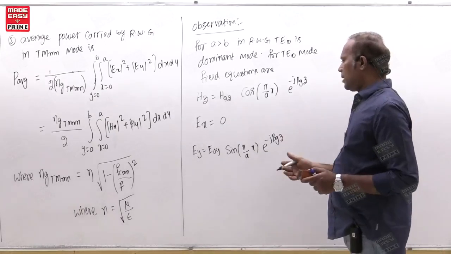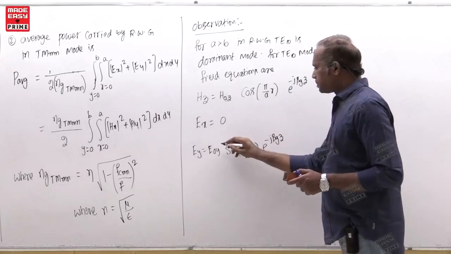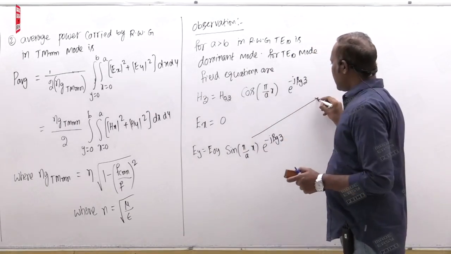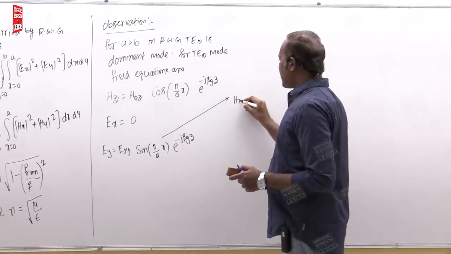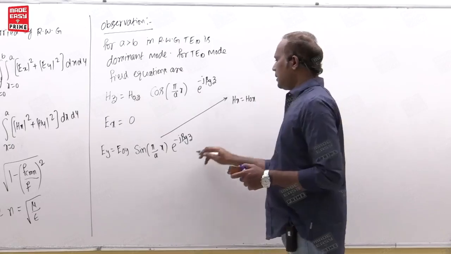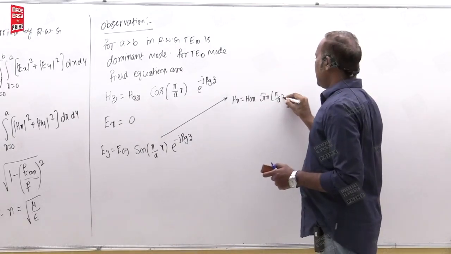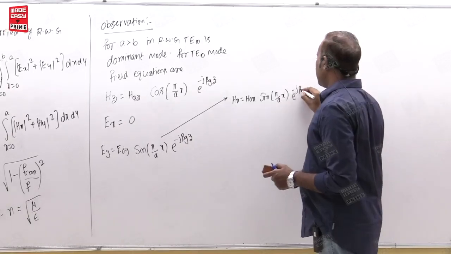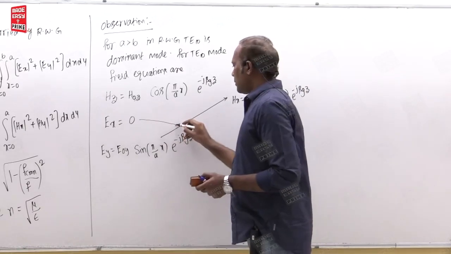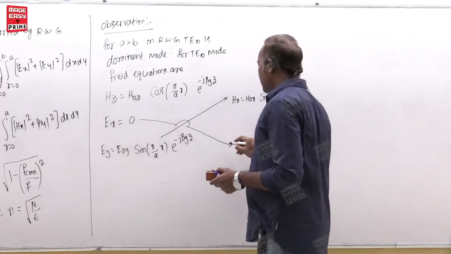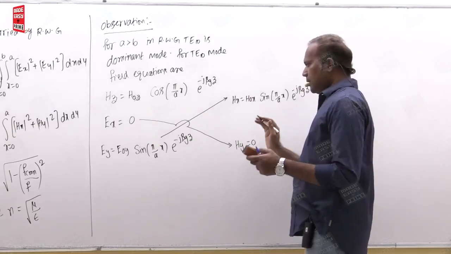Already I have written, you can turn the pages and see. So this generates magnetic field x component, that is H0x, then sine pi by a x e power minus j beta g z. Now if this is 0, that generates magnetic field y component as 0.